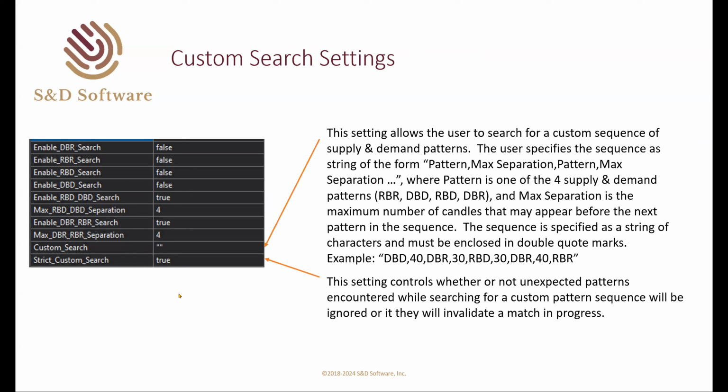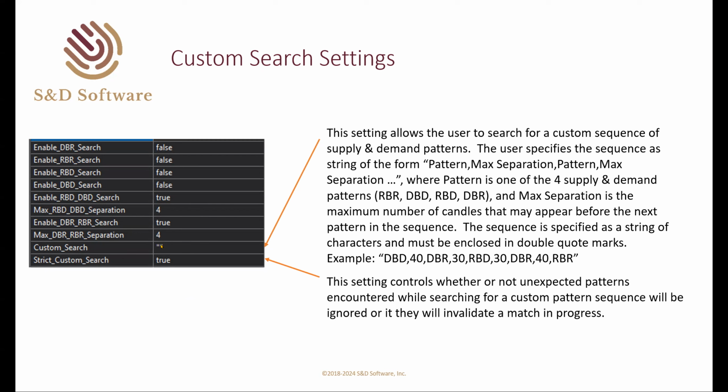Now, the next 2 settings allow you to create your own compound patterns to search for. And the way you specify what it is you want to search for, you're going to basically enter a string in quotes.